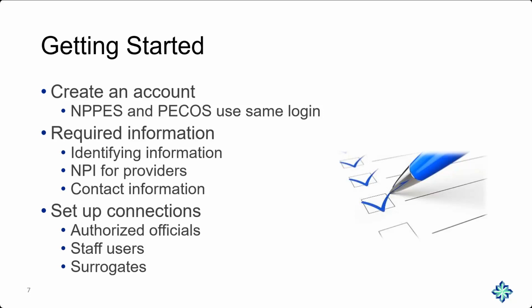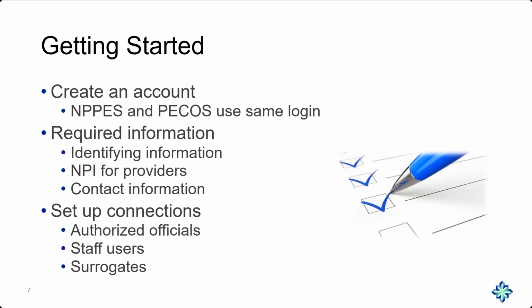Also, you can set up connections when you are getting that user ID and password. We did get some questions on this. You can set up connections for authorized officials. Now, when I talk about authorized officials in the context of getting started with PECOS, it's an authorized official for what's referred to as the Identity and Access Management System, which is where you access your user ID and password.